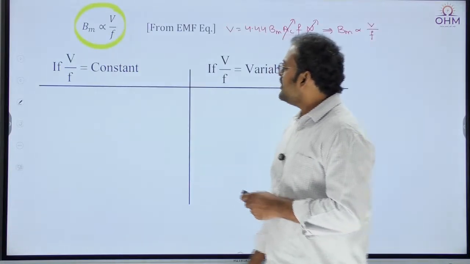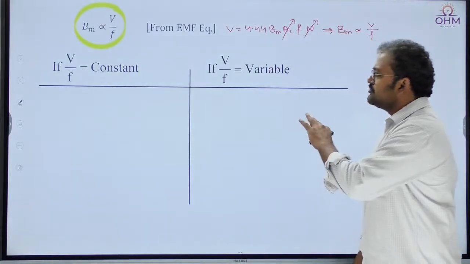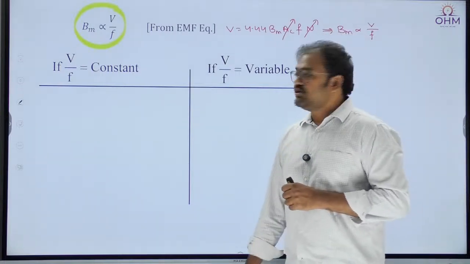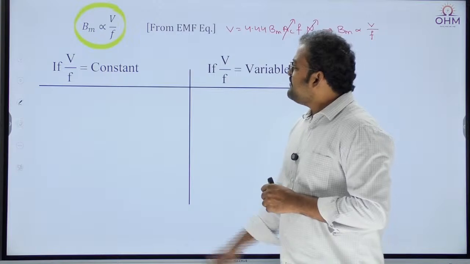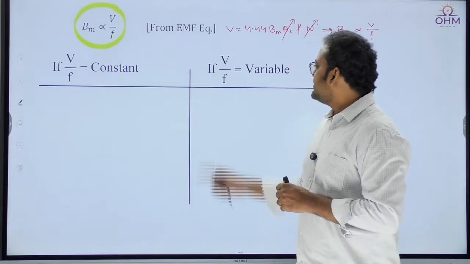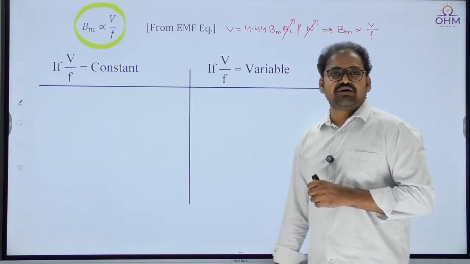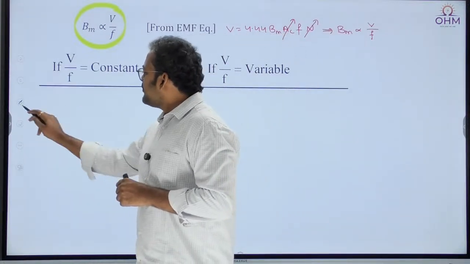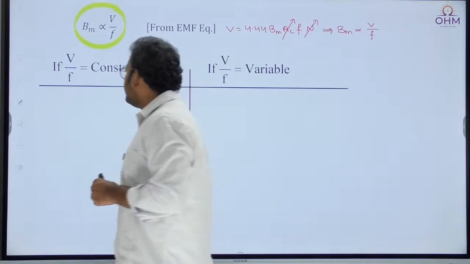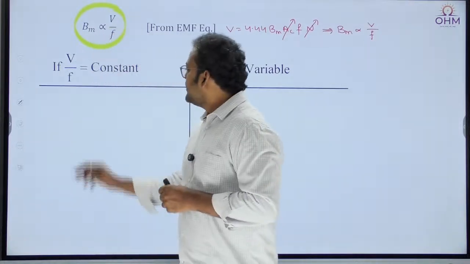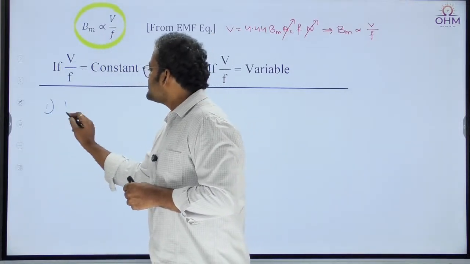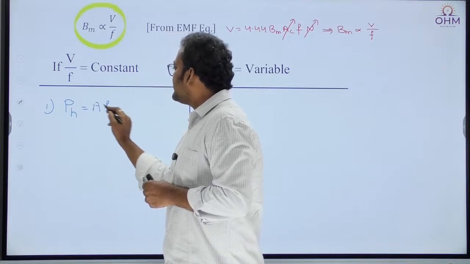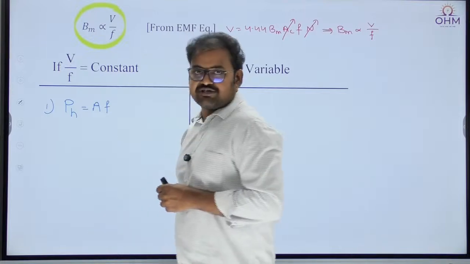Now we have to find out the formulas for hysteresis and eddy current losses in two cases. One is if V by F ratio is constant, and the other one is if V by F ratio is variable. Very important formulas. If V by F ratio is constant, the formula for hysteresis loss is equal to A into F, where A is a proportionality constant.